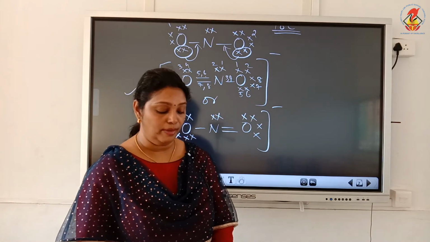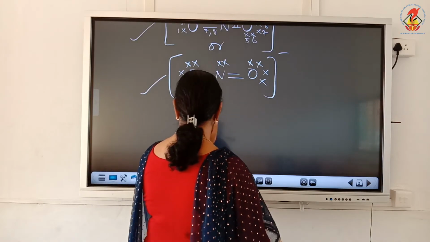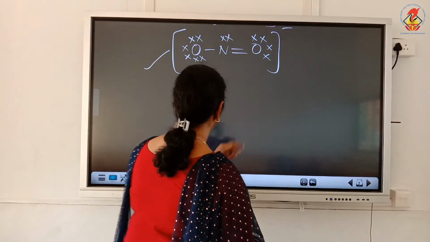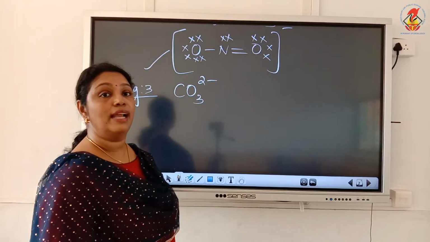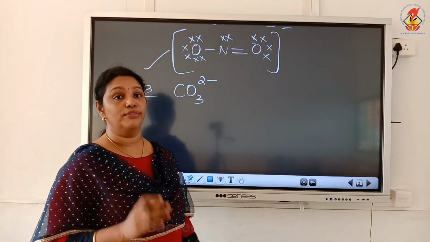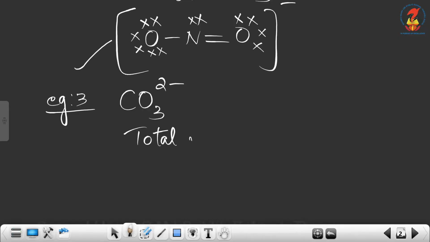Now the next example is carbonate ion. What's the formula of carbonate ion? So example 3 is CO3 2 minus, carbonate ion. Now let's calculate the total number of valence electrons in carbonate ion. So what's the total number of valence electrons?